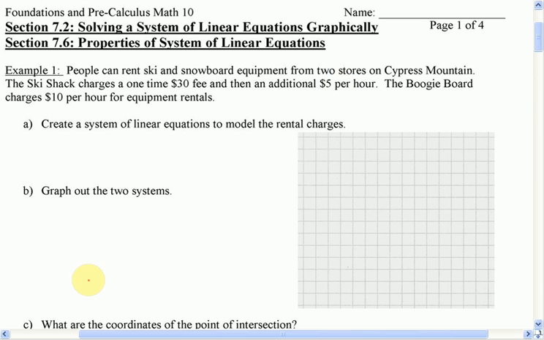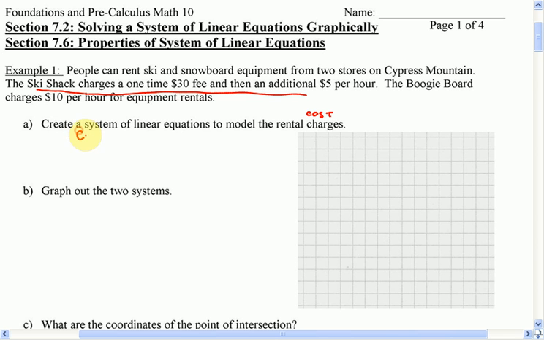Looking at the Ski Shack, they've got a one-time fee and then this additional $5 per hour. If you're thinking about creating a system, we're going to try to model charges, so maybe I'll call it cost. And what other variable is there? You get to decide how many hours you rent this stuff for.